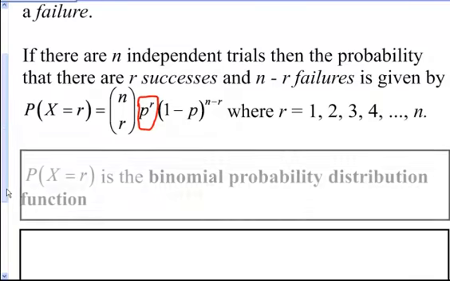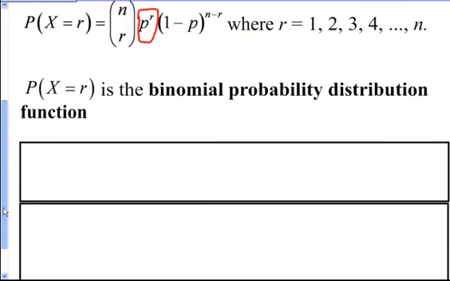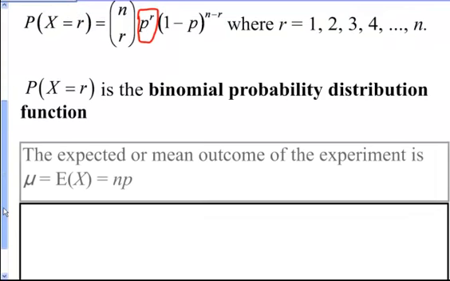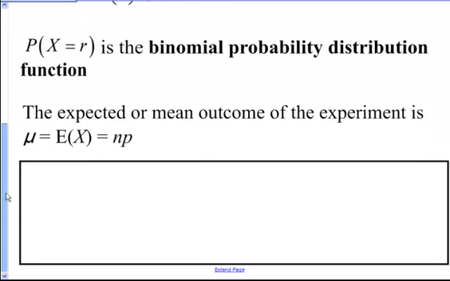And P of x equals r is the binomial probability distribution function, which is given above. Our expected mean or outcome of the experiment is mu, which is equal to n times p, the number of trials times the probability of success.